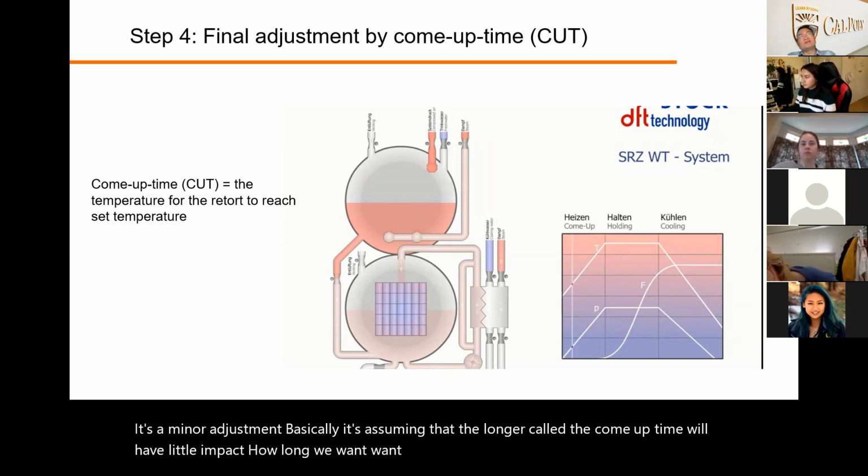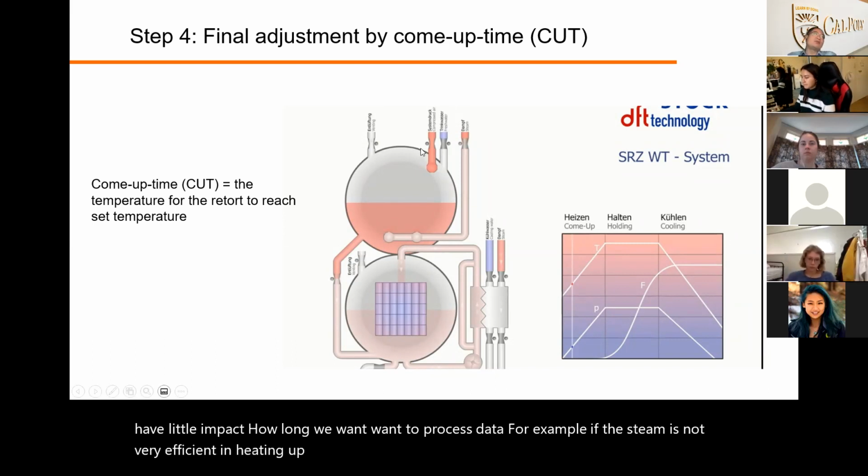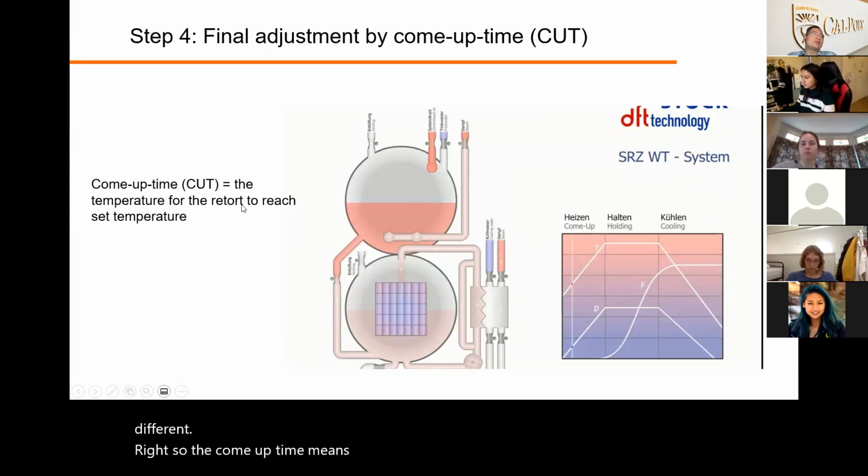For example, if the steam is not very efficient in heating up the retort, then our heating curve becomes quite different, right? The come up time means the time for the retort to reach the set temperature, okay?